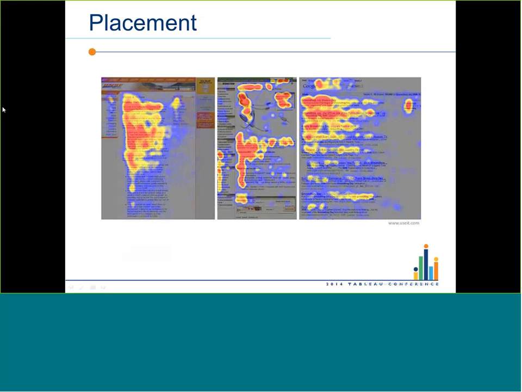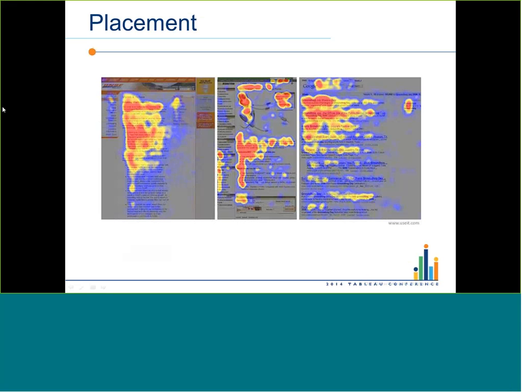Placement. This is a study that tracked where users looked, so where their eyes were, and the amount of time they spent. All these hot spots that you see are obviously where more time was spent.